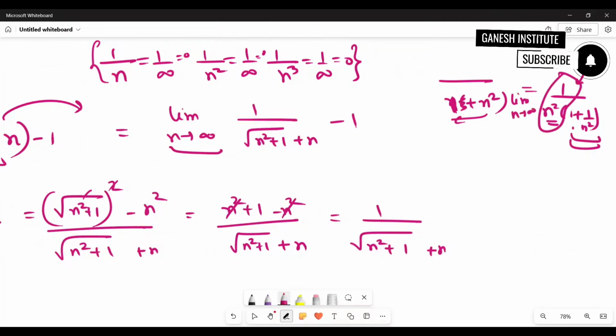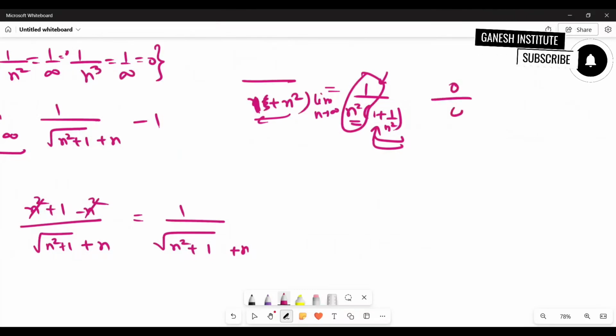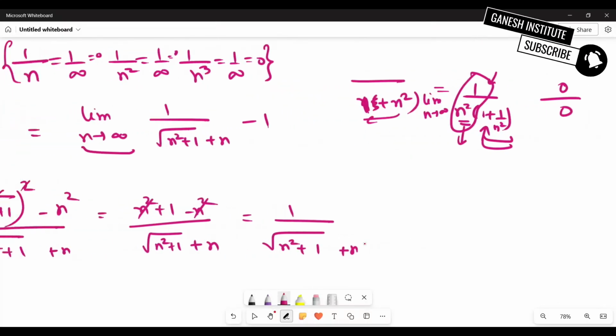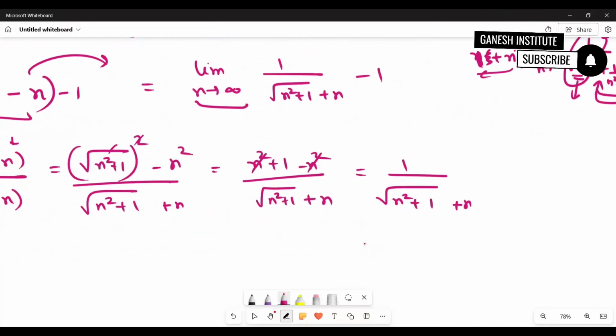This will be 0, though I have to check because I can't form 0 by 0. I need to separate it or factorize it. But the common thing you should get is 1 by n form, 1 by n square form.